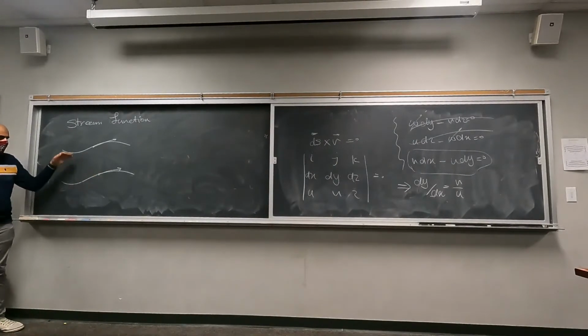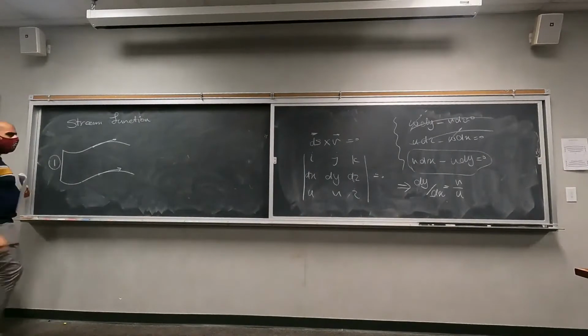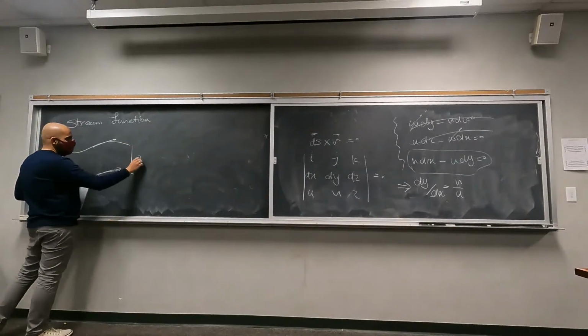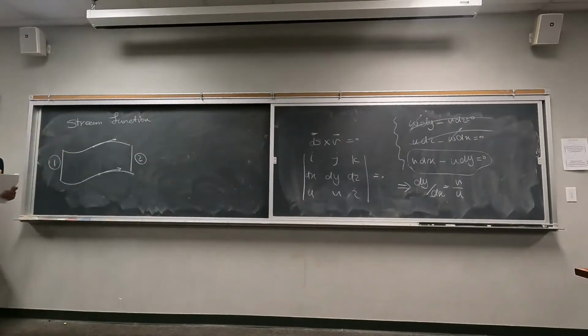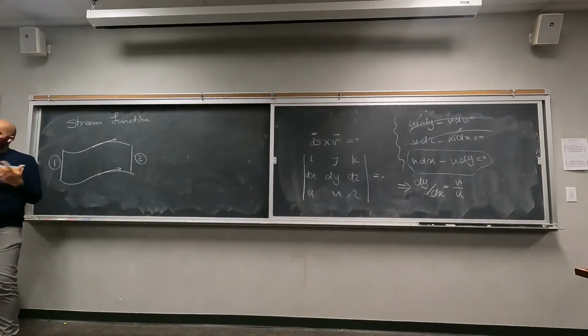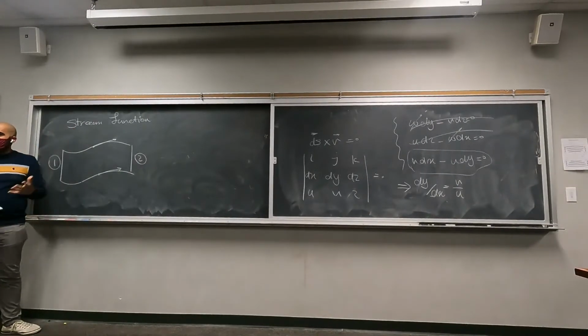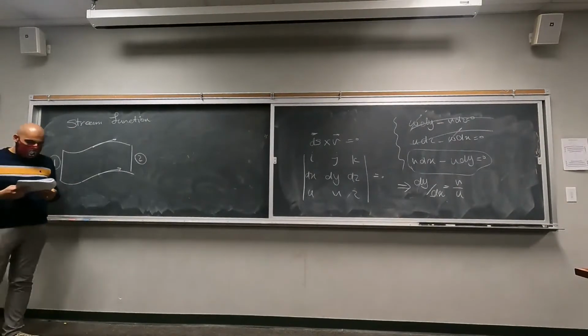So whatever mass you have here at point 1, you're going to have the same amount of mass here, right? Because these streamlines are essentially acting as walls. No mass is going to pass through them. That's the definition of the streamline, okay?